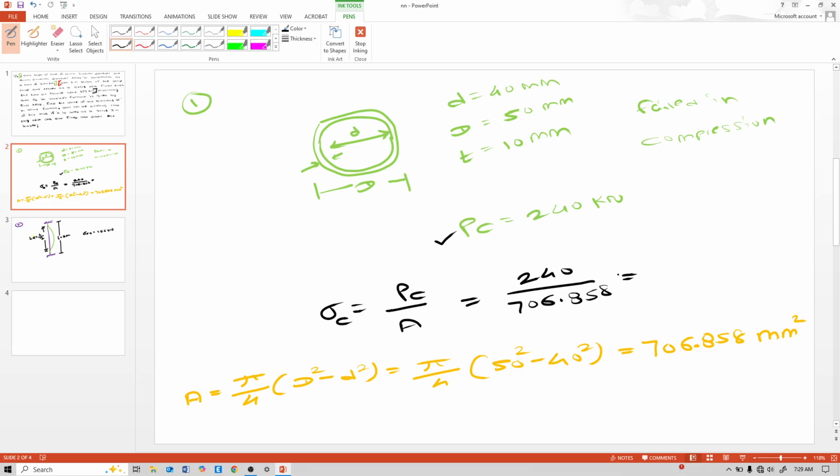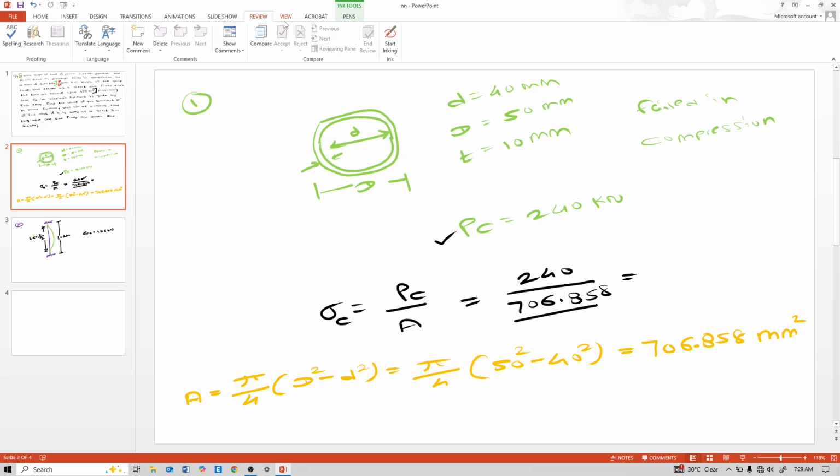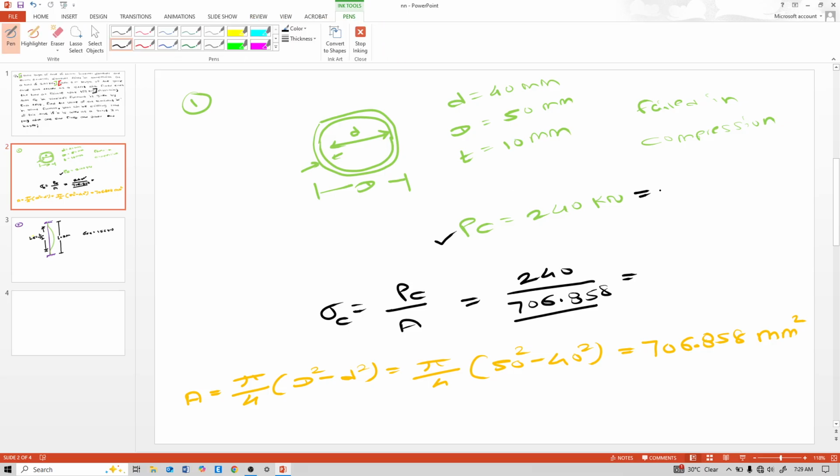Now this sigma c is, see, 706.8 is in mm square and this is in kilonewton. So convert this into Newton. That means multiply it by 10 raised to 3, 240 into 10 raised to 3 Newton.